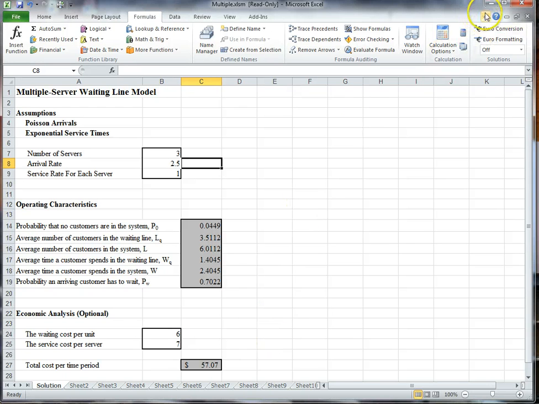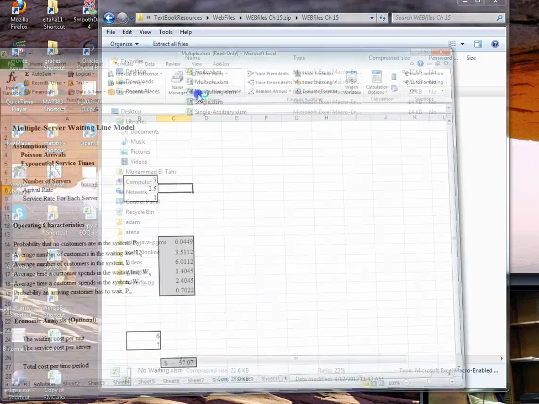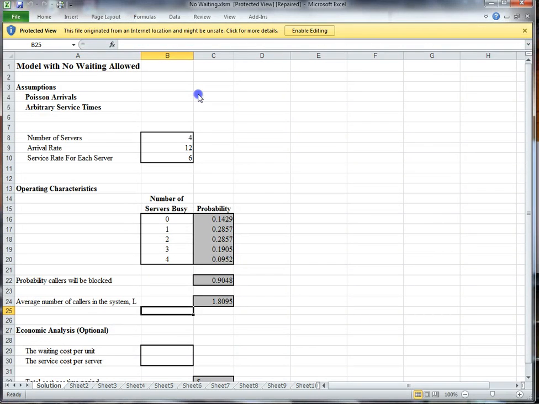And so on. There's one more model I want to quickly go over, which is the no waiting model. Poisson arrivals. It can be exponential or any service time, because in this case the formulas are the same. So I have number of servers 4, arrival rate 12, service rate per server is 6, and you can see that you get all these results.